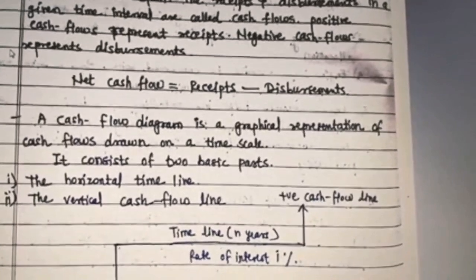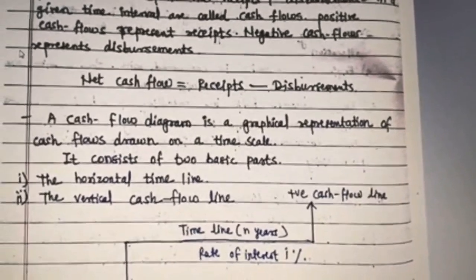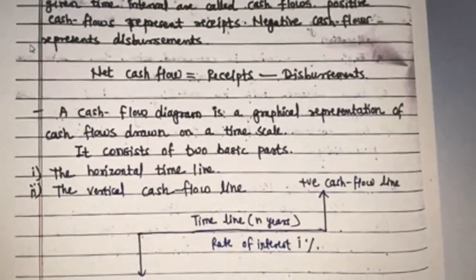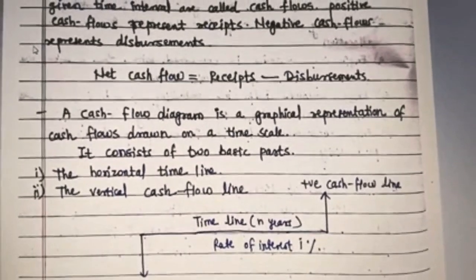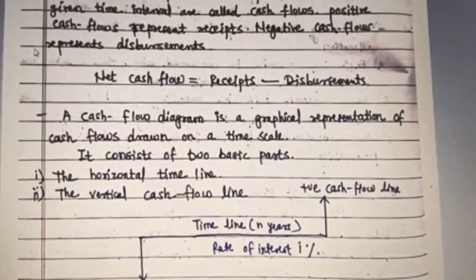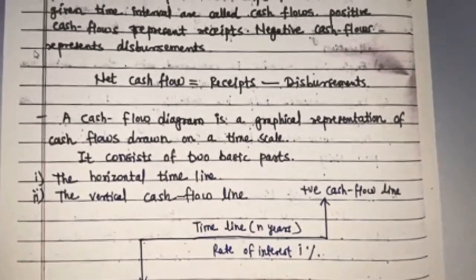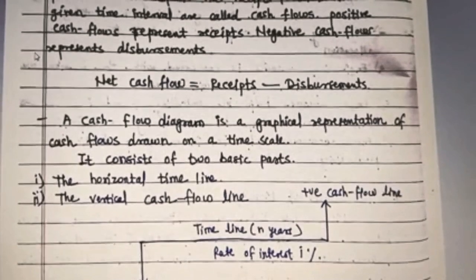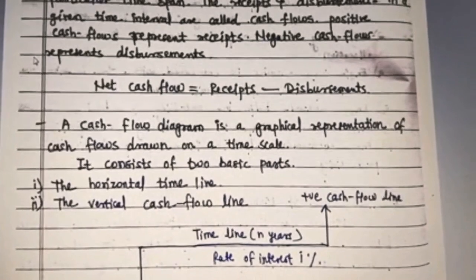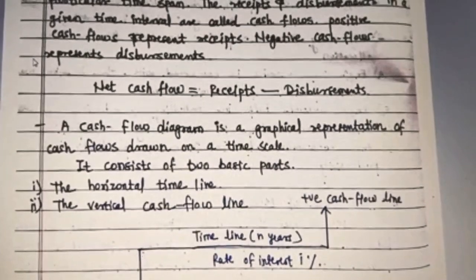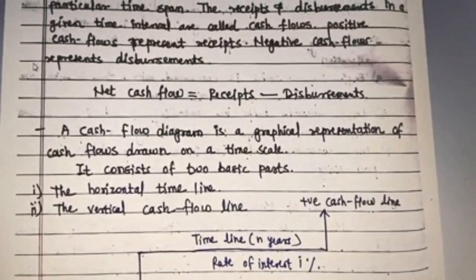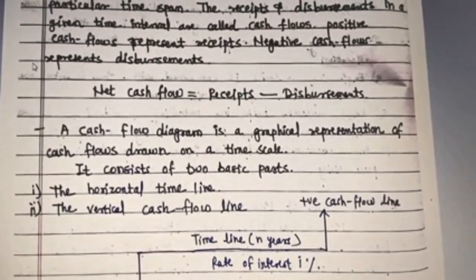So in my example, I was telling you about our salary, and here the disbursements is all about our expenditure, which is represented as the cash outflow. So if I deduct my entire expenditure from my total revenue of 1 month or of 1 year or of certain period, whatever the amount I get, that will be represented as my net cash flow.